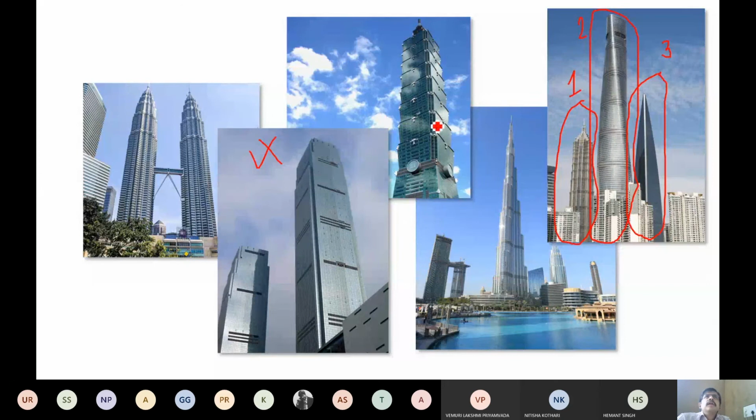Taipei 101 has tried to resemble the bamboo, and these are the nodes on the bamboo. 101 somehow resembles the number. It's an odd number, and there are 8 sections in this building, so that makes it something to do with the Buddhist people.